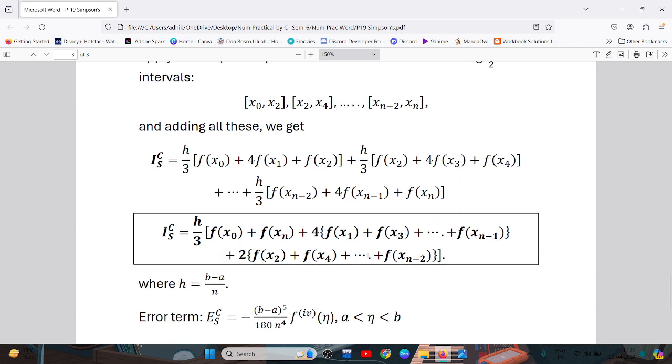We write this compactly, where h = (b - a)/n is the step length, and the error term Esc = -(b - a)^5/(180 n^4) times the fourth derivative at the point eta, a < eta < b.